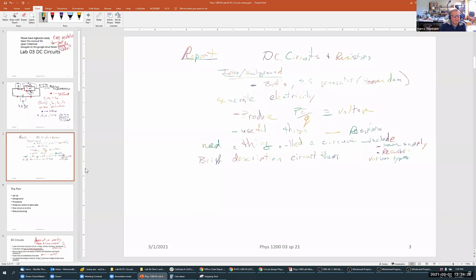And then we're not going to derive the rules of combination. We're just going to use the concepts to justify the rules of combination, which says that in a series circuit, the current's the same everywhere, so the voltage change across every element has to equal the power supply.